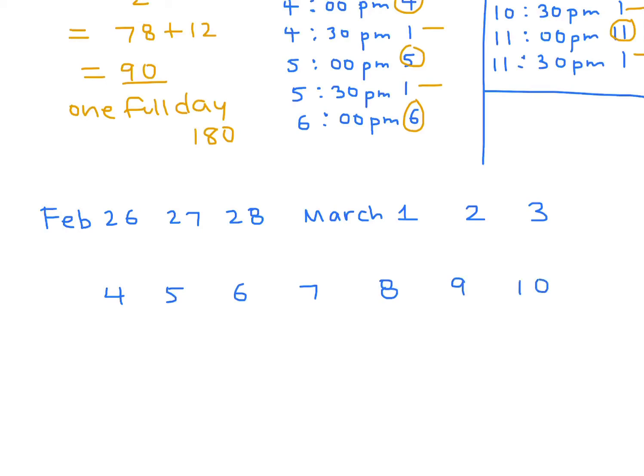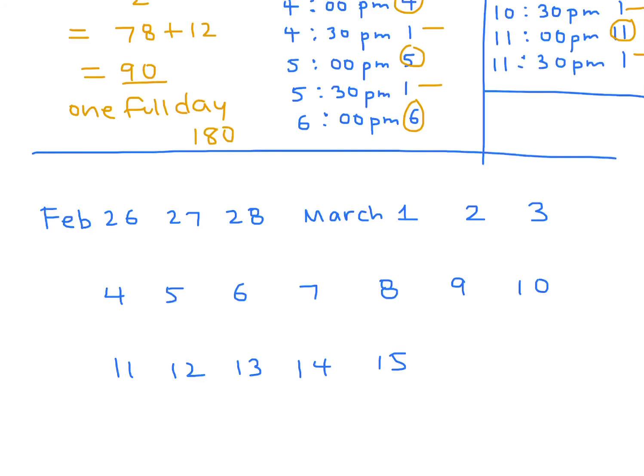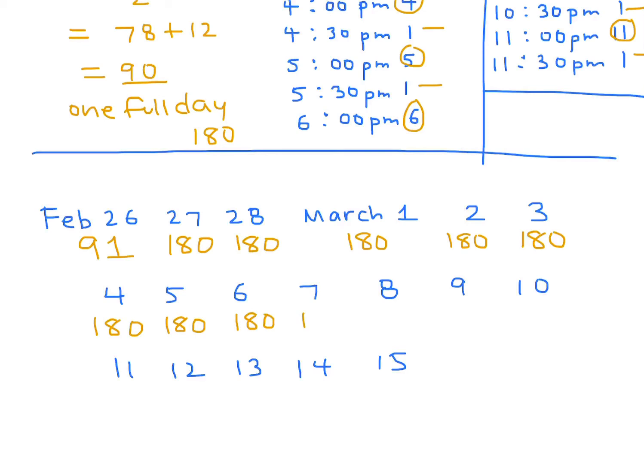I don't know how long I'm going to keep going here, but let's just do until the 15th and see what we get. So they want 2003 chimes, right? So on February 26th, we had 91 chimes. That's what we figured out. And then we'll have 180 on each of these full days, like that. And they're saying, on what day do you get the 2003rd chime?